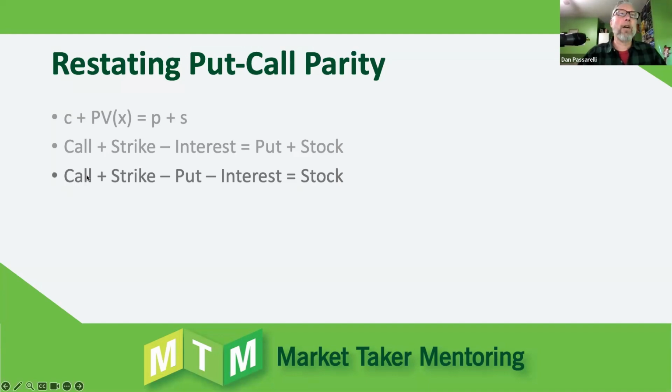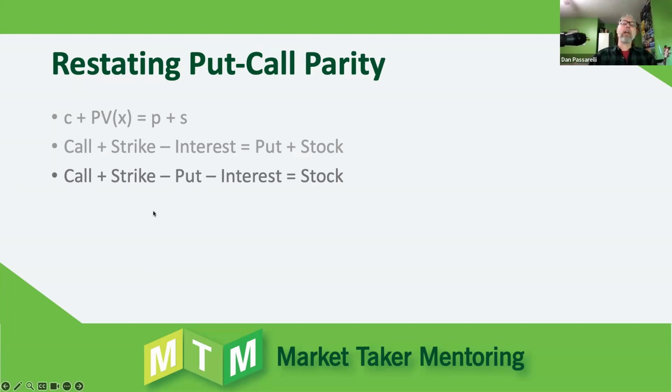And we can buy the call for, say, 2 and sell the put for, say, $1.90. Yeah, just $1.90. Okay, so we're paying 10 cents to own the call and short the put, right? Pay 2, collect $1.90, that's 10 cents.